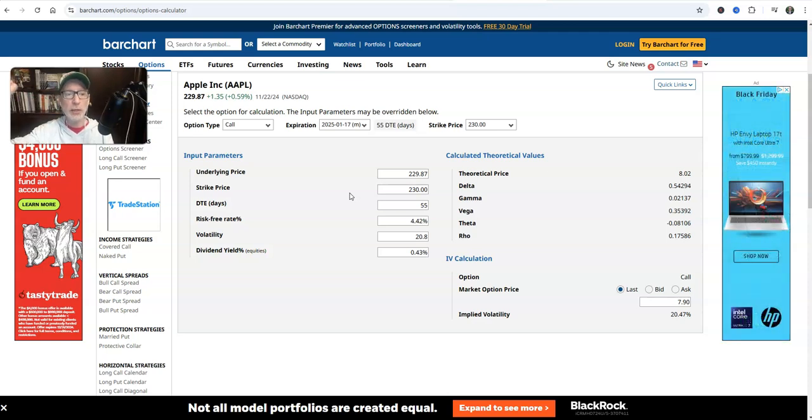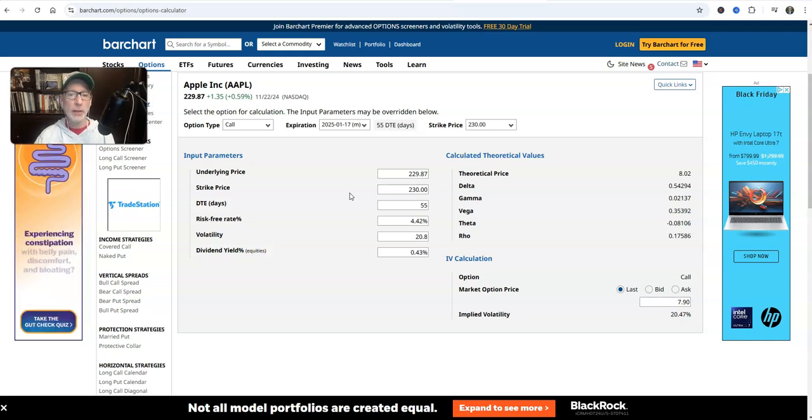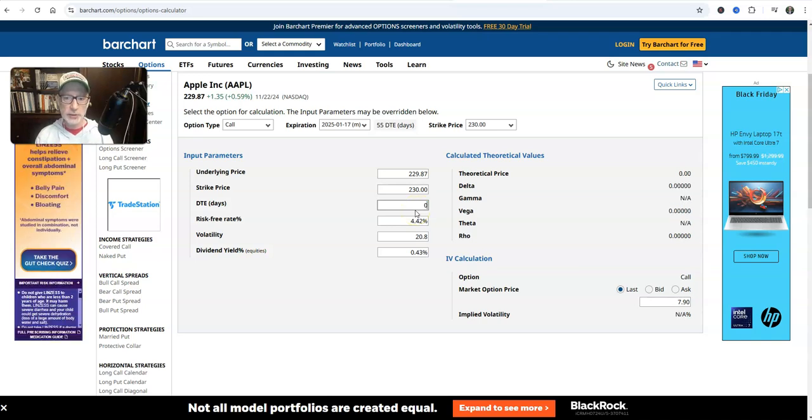Now let's see what happens if Apple stays exactly the same all the way through expiration. We'll take the expiration date down to 0, and you can see that Apple didn't move anywhere. Same stock price. Your option is worth $0 because Apple didn't move up above your break-even price. It's actually still below the strike price. So you would lose $800 on that trade.